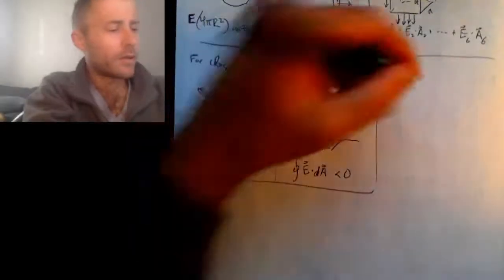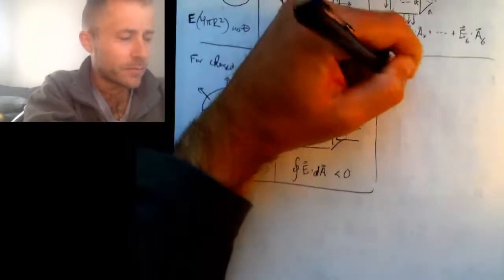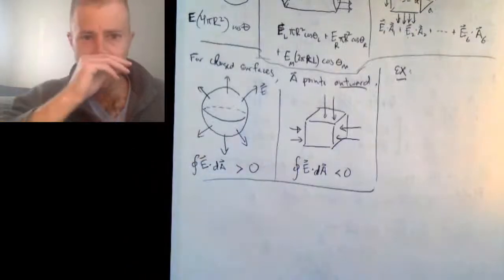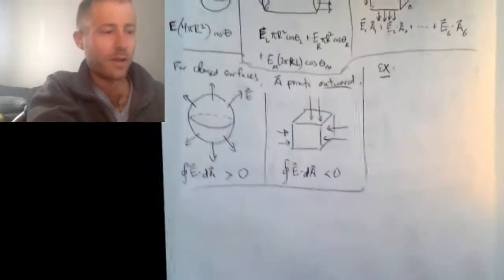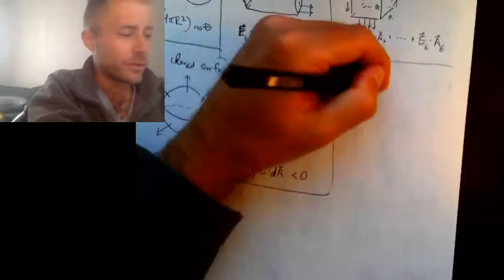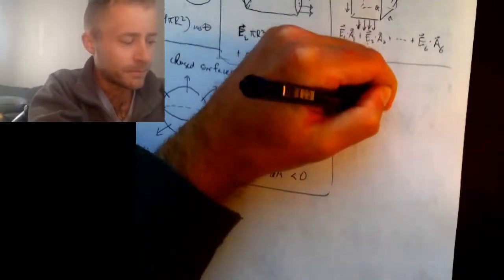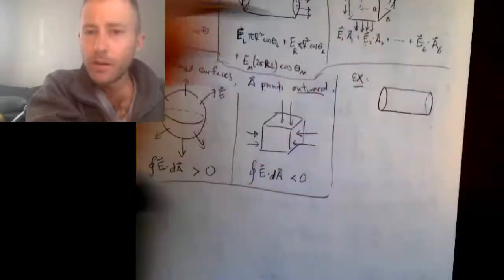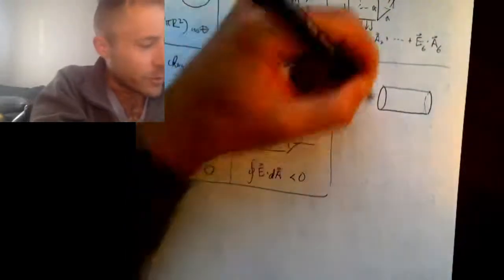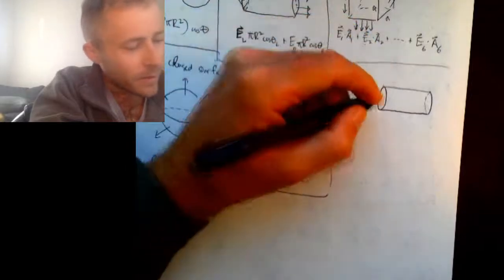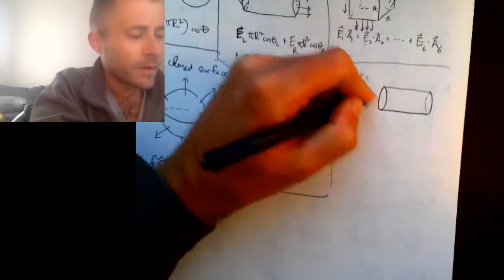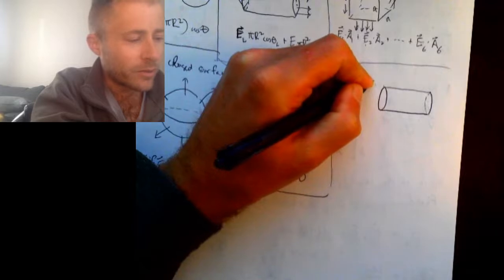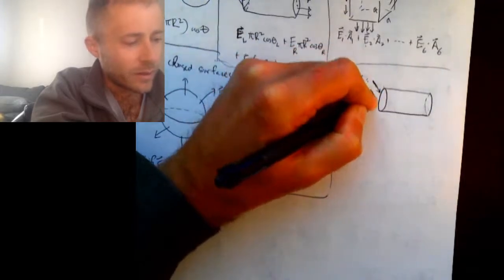So, let's go ahead and do an example. Let's suppose that we have a cylinder, and let's suppose that the electric field points in like this.